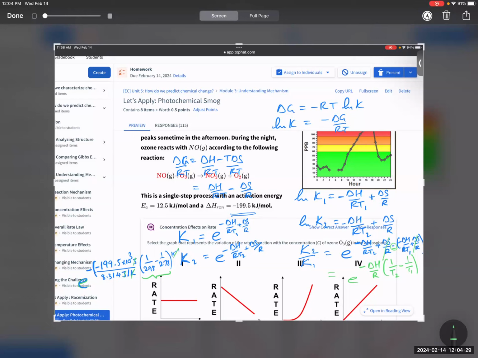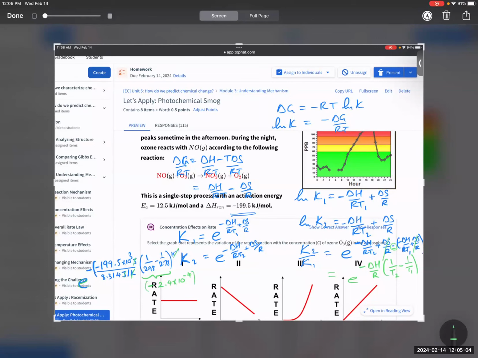This number was negative, 2.4 times 10 to the power of minus 4. And on the other hand, I need to do that part now. This part is a negative number.